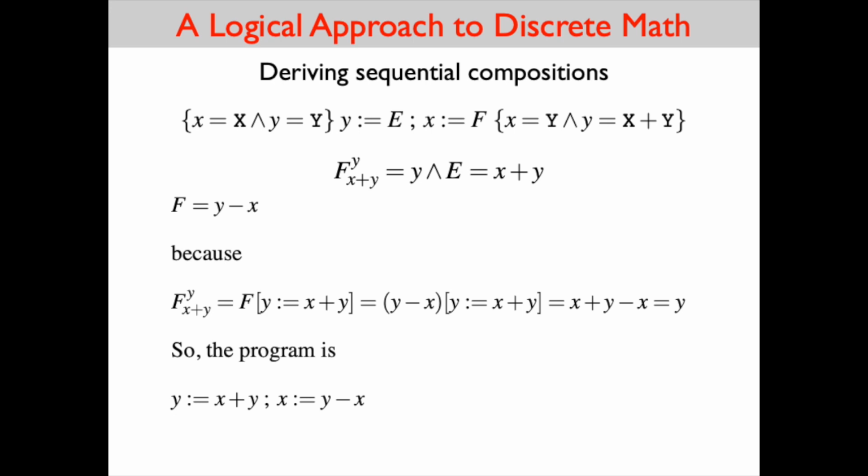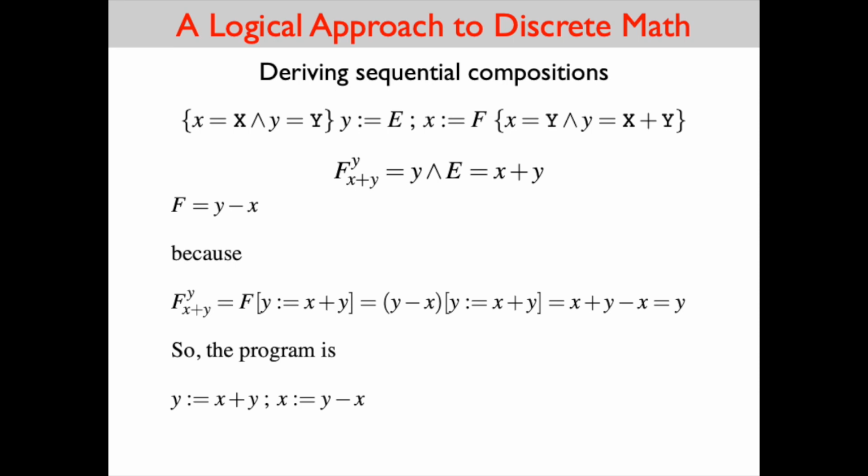So the final program is y gets x plus y, and x gets y minus x. Now you can see that this works by an example. Recall that two of the Fibonacci numbers are 3 and 5. So suppose the state of the computation has x with the value 3 and y with the value 5.